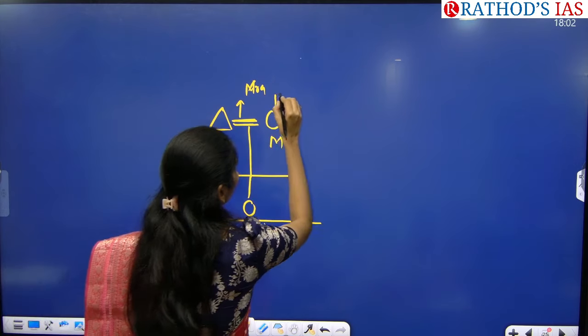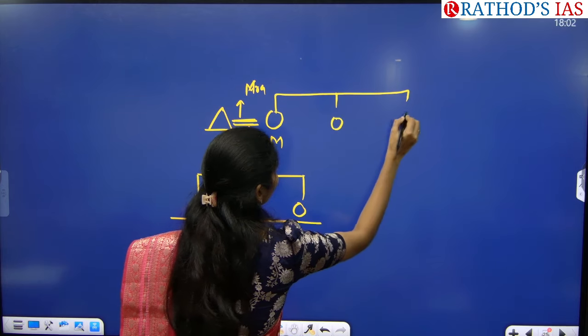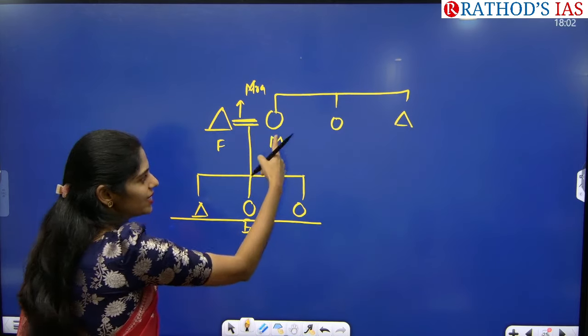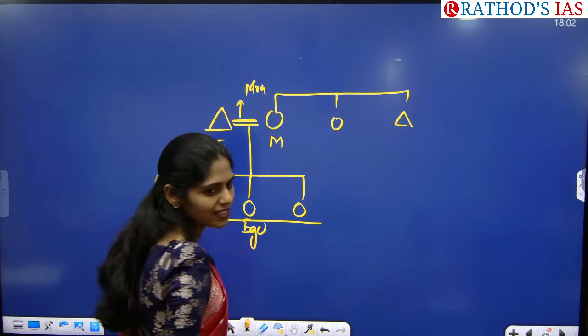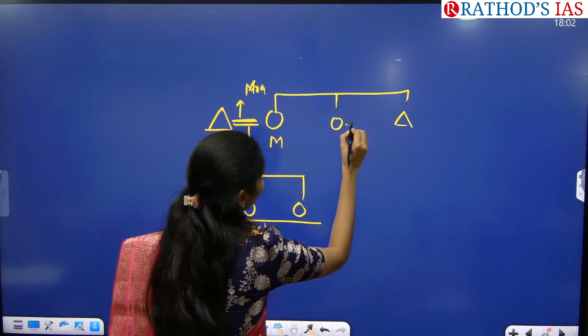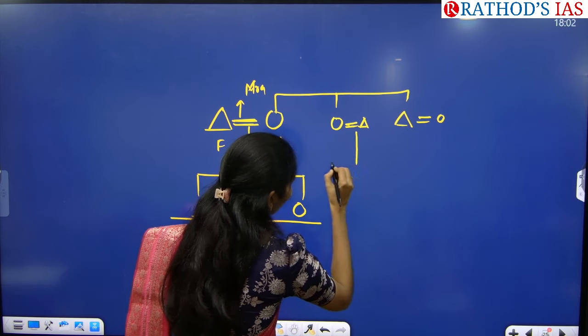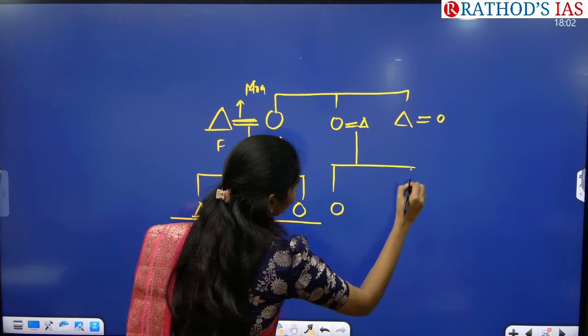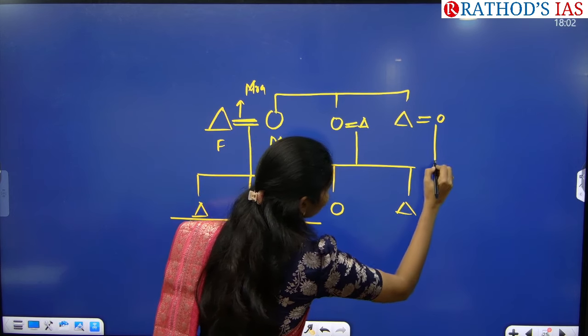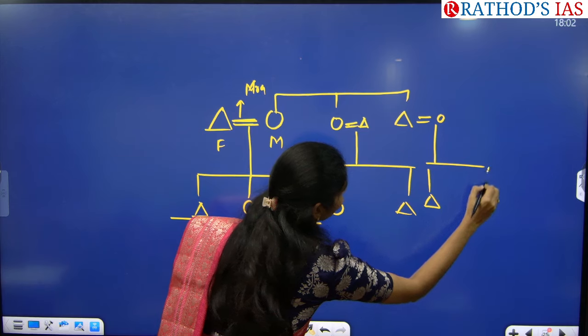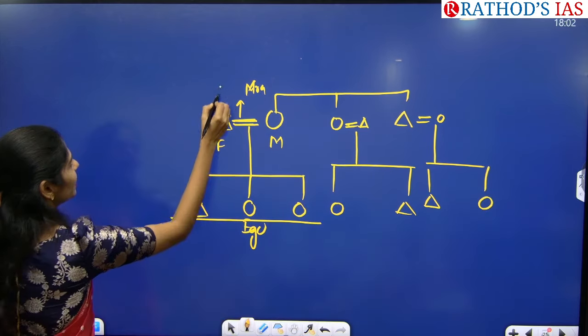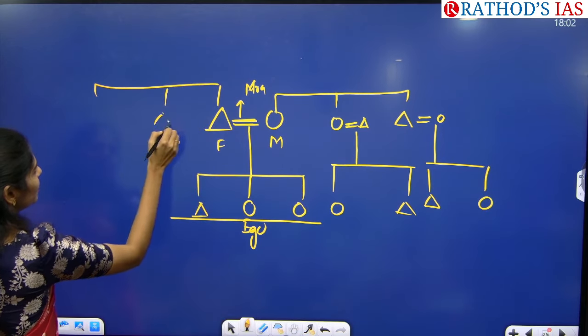Yes. What is this? Your mother's sister and your mother's brother. Okay, they will also have marriage, right? They will also have the next generation. From father's side also they will have brothers and sisters.